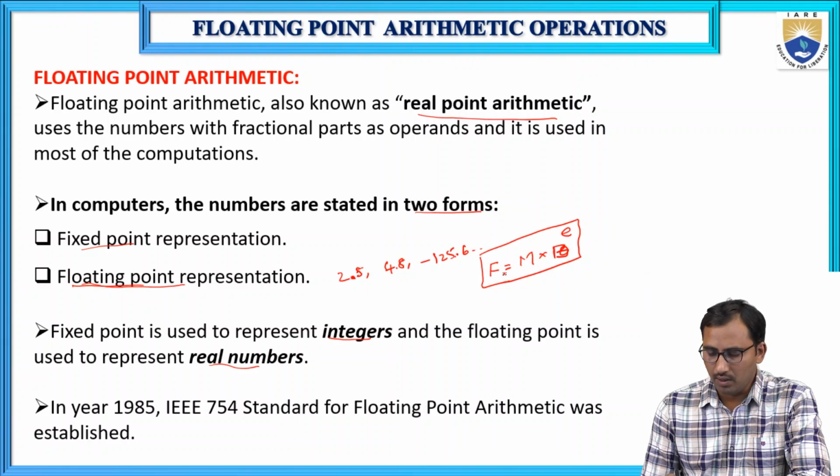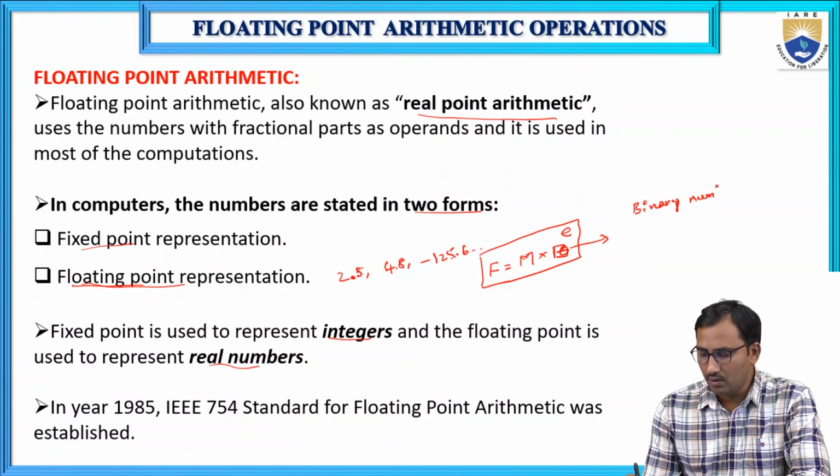So floating point number F is equal to M, the mantissa, into base power exponent E. For binary numbers, the base value will be 2.